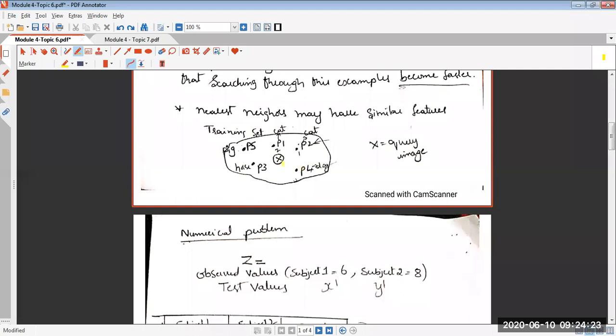For example, assume X is closely related to three data points, P1, P2, P4. Now the classifier is confused. Should it declare X as a cat image or a dog image? This will be resolved by the voting mechanism. In the available matches, two images are of cat and one is of dog. So as per the maximum voting rule, X will be declared as an image containing a cat. So this was the voting mechanism we had seen.